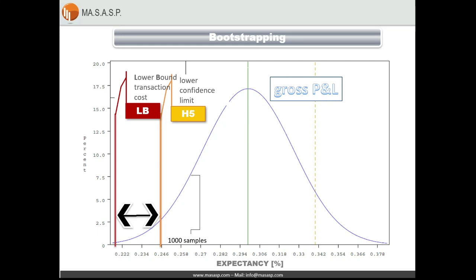The optimum is to have a lower confidence limit 1 order of magnitude higher than the transaction cost, or let's say 5 times bigger. So if the cost is 3 basis points, we go for a lower limit of the expectancy of 30 basis points, or at least 15 basis points.